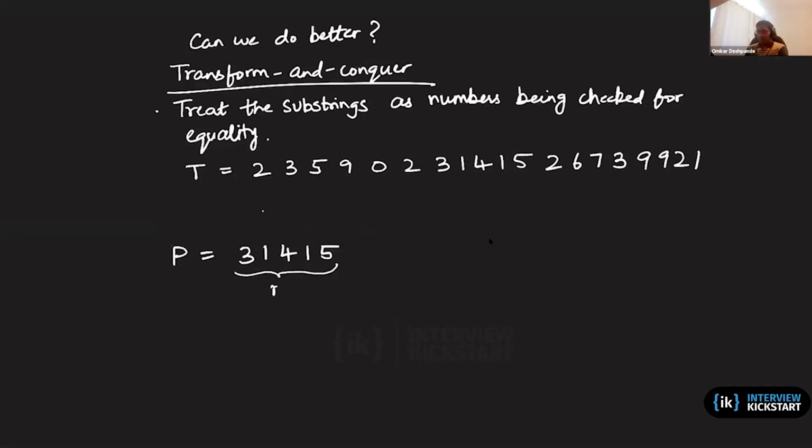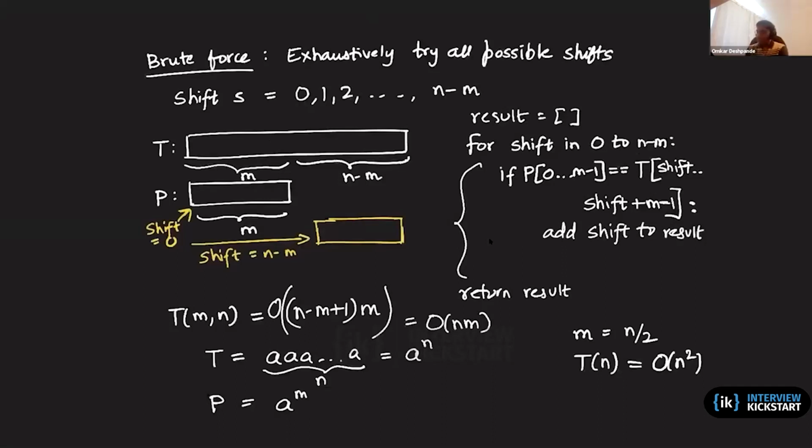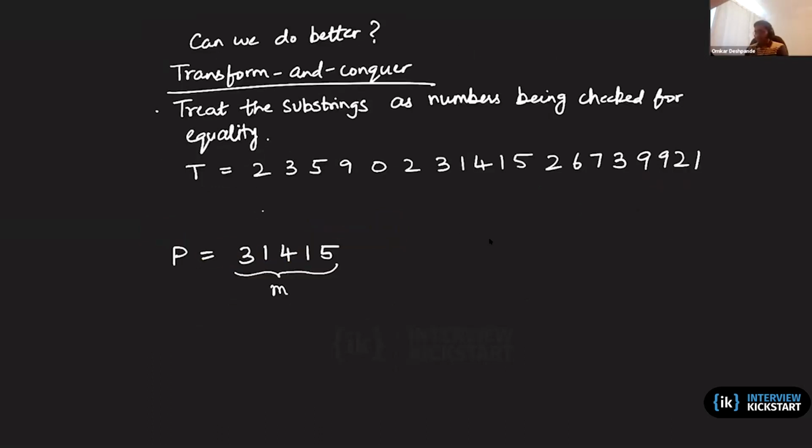which in general is going to be of length m, right? Because we need to compare at every stage the numerical value of p with the numerical value of the substring in t. So the numerical value of p will need to be computed explicitly, because 31415 here are assumed to be characters, not literal digits.